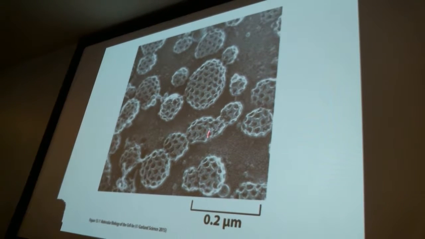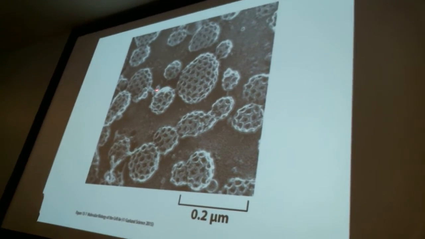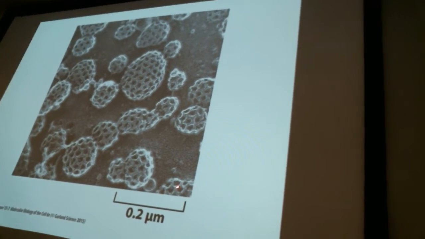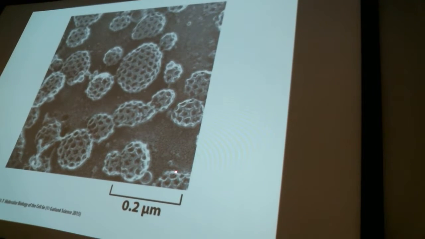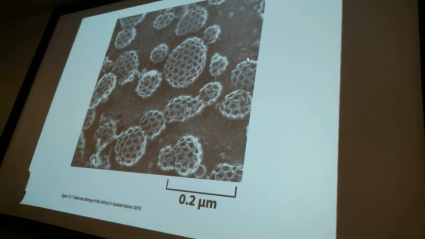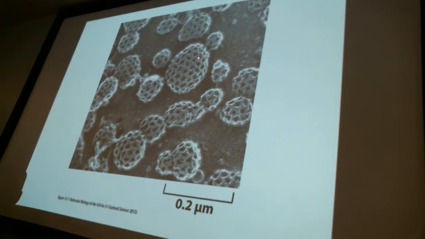This is the type of electron microscopy in which we're just looking at the surface. The membrane of the cell was ripped open, and you're looking as if you were inside the cell. And you see these cages. It starts as a more flat assembly, and as the subunits join this patch, it starts rounding and forms a vesicle that then buds into the cell.